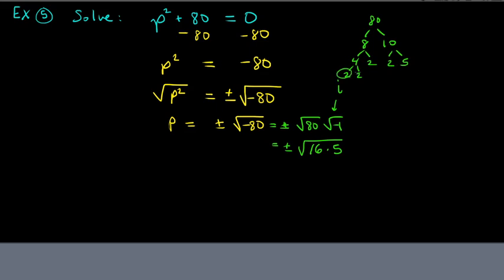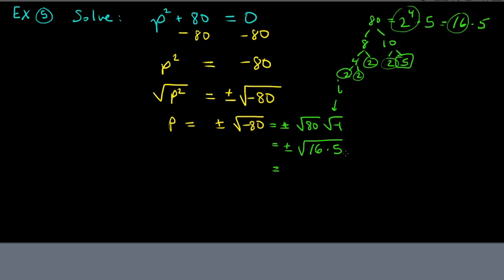So we have 1, 2, 3, 4 2's. We have 2 to the 4th times 5, and 2 to the 4th is 16. So it's not only a perfect square, the 16, it's also a power of 4, but we're taking the square root, not the 4th root, so the square root of 16 is just 4.